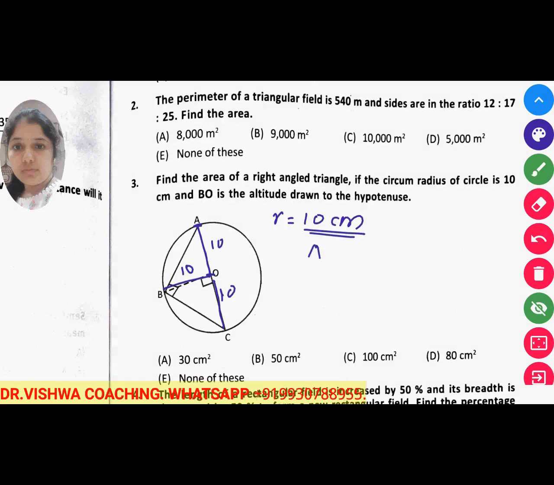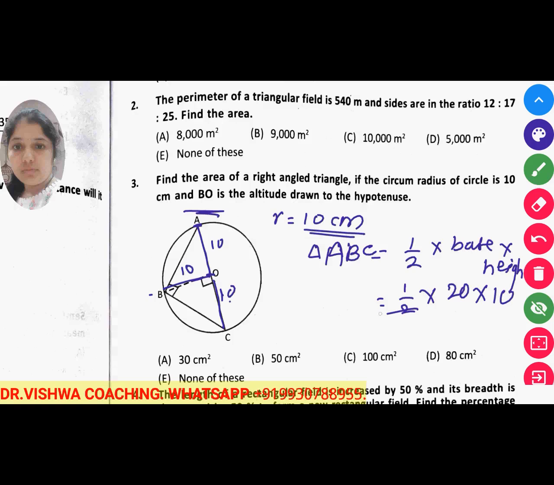Now for the area of triangle ABC, the formula is 1/2 base into height. Now here altitude is BO, means height is BO, and we know the value of height, which is 10. Now base is AC, so the value of AC is 10 plus 10, that is 20. So 1/2 into 20 multiplied by 10.